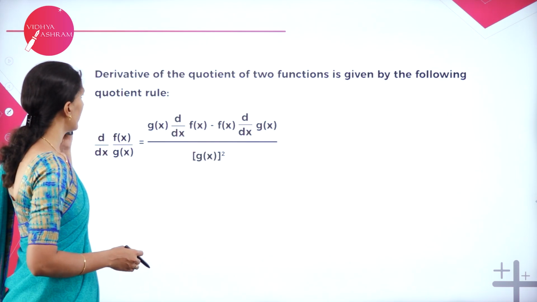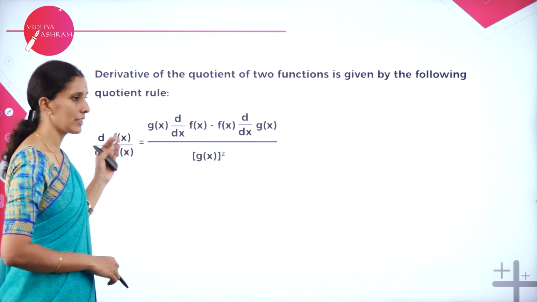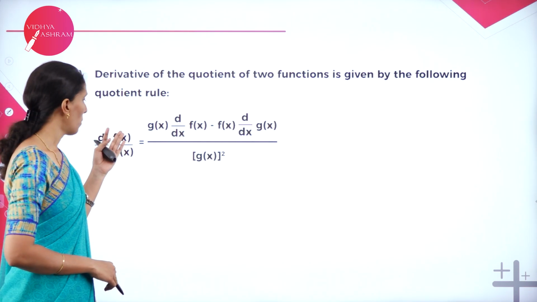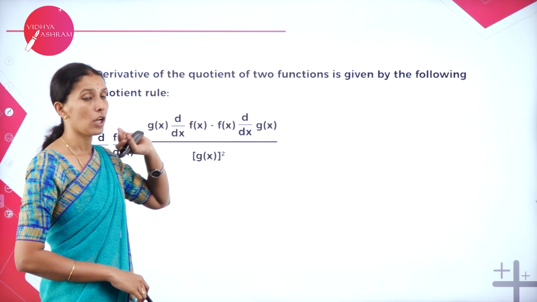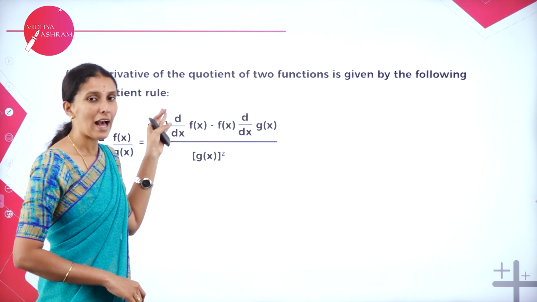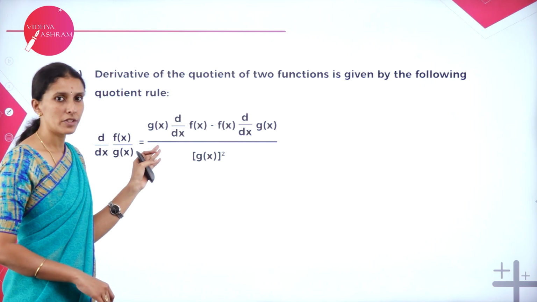Next, what if it is in the form of a quotient, that is, a fraction, f of x by g of x? Both are two functions, but it is in the form of a quotient. Again, here we have a quotient rule. What does the quotient rule say?